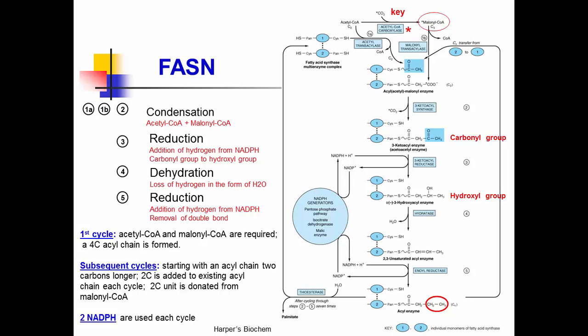So again, each cycle you add two carbons to the existing molecule, extending the carbon hydrogen chain until you reach, for example, here palmitate, which has 16 carbons, right? So you go through the cycle many times until you finish adding up to 16 carbons.